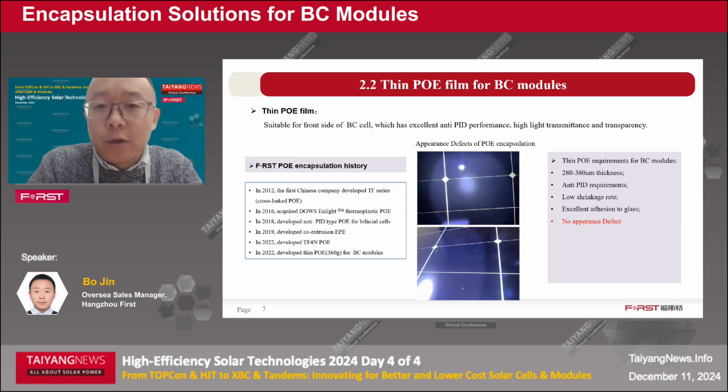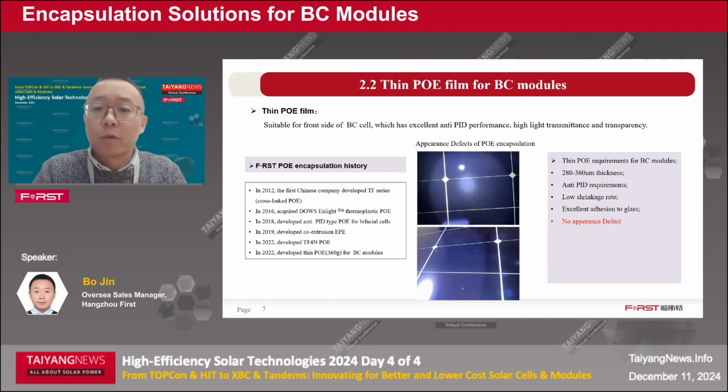Our POE material can avoid this kind of impurity disturbance, and it can also be made very thin, like 280 to 360 micrometer thickness, as well as keeping the low shrinkage rate and also good adhesion to glass, and most importantly, no appearance defect.